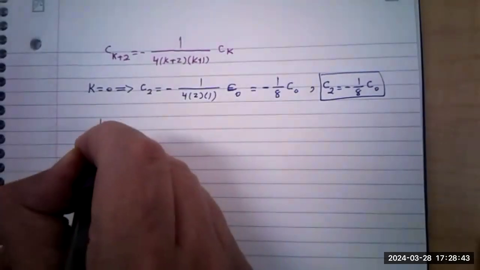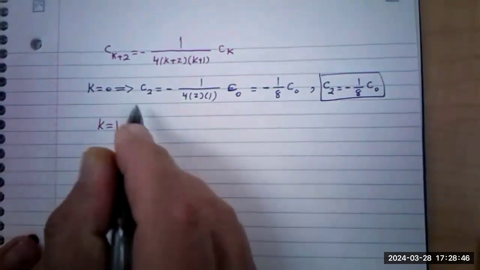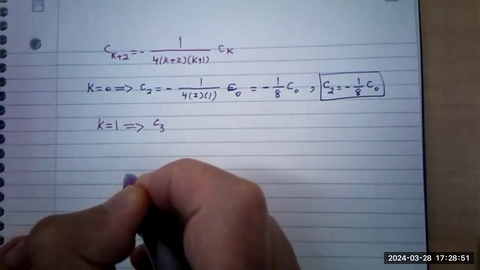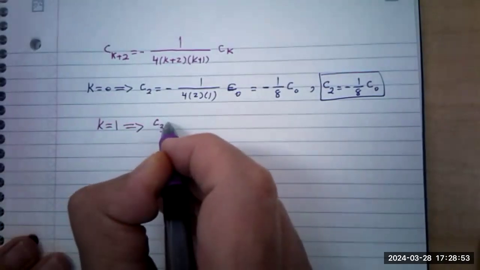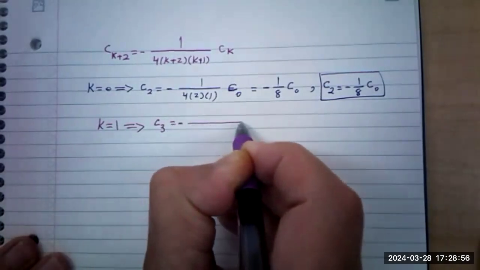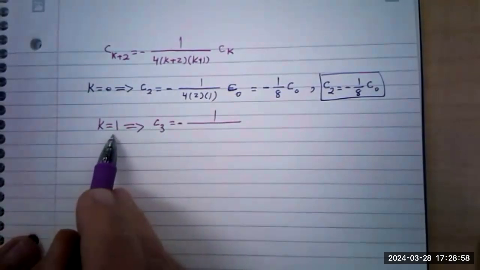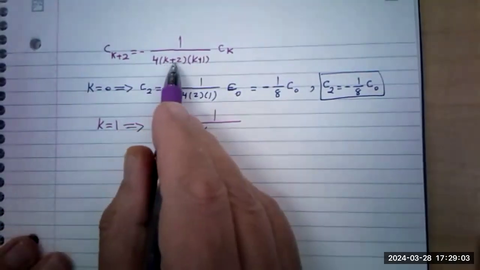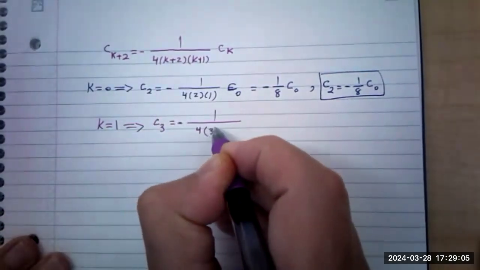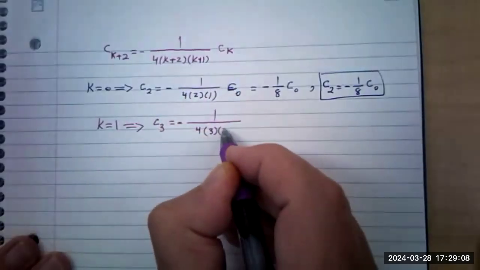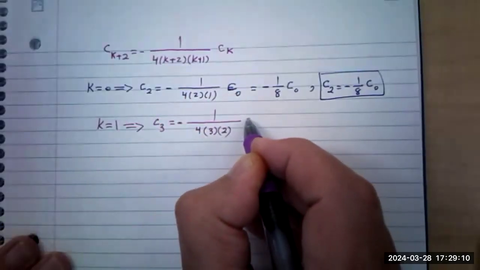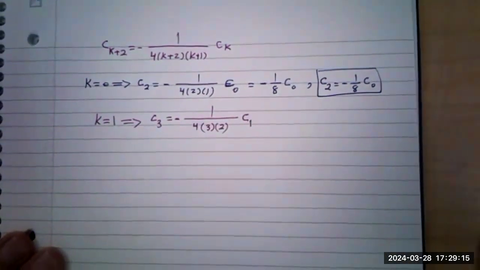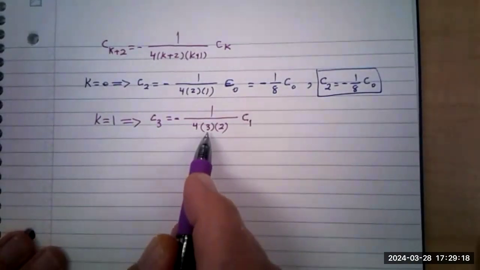k equal to 1. k equal to 1, 1 and 2 would be 3, so that gives c_3. So c_3 equals negative; if you put k equal to 1, you get a 4 here, times 3, times 2, and the c_1. 4 times 3 is 12, times 2 is 24.